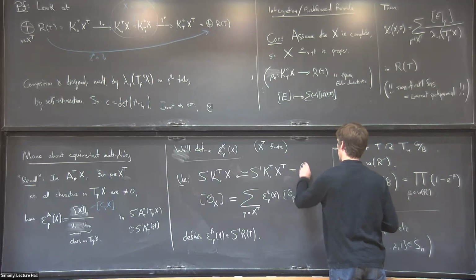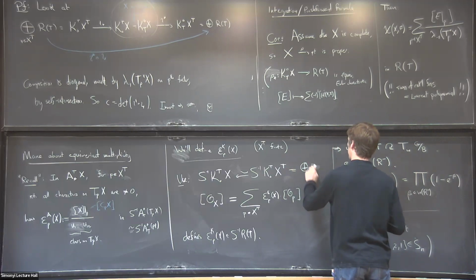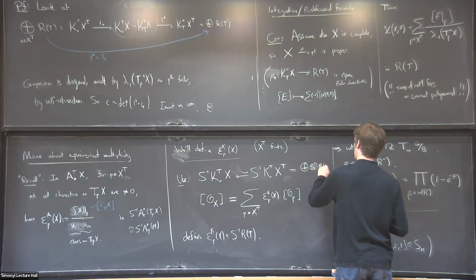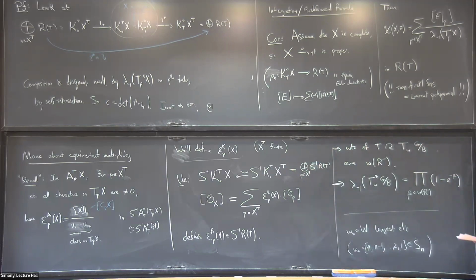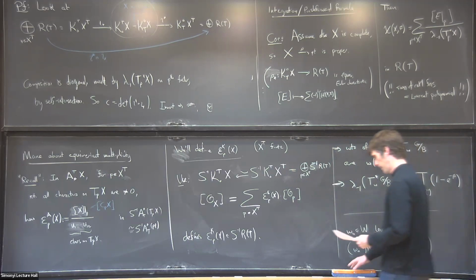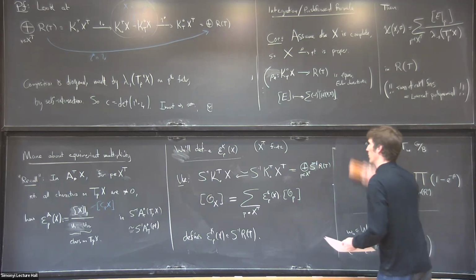This right here is a direct sum of S inverse. So I'll call that the K-theory equivariant multiplicity.